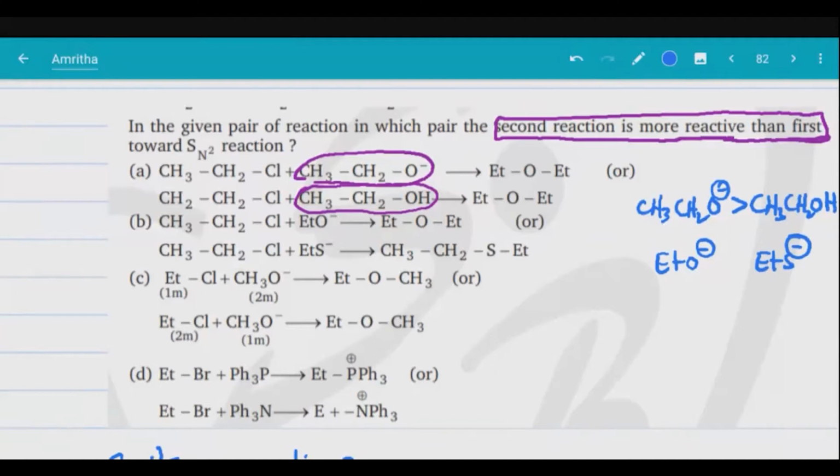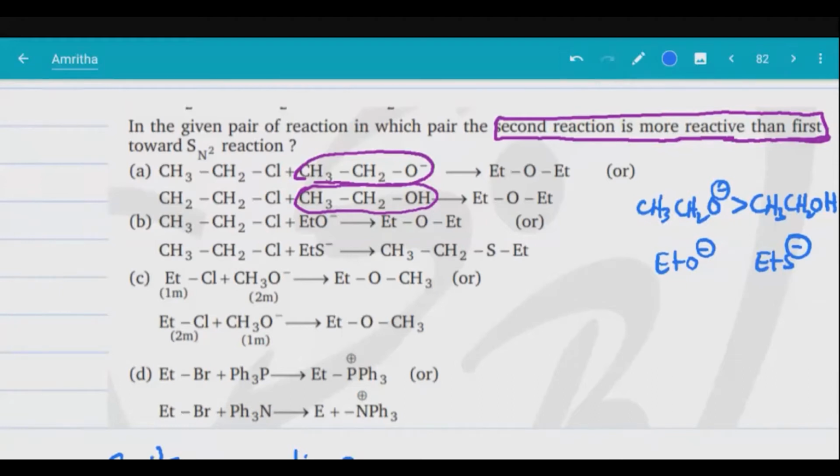Second one, EtO minus and EtS minus. Can you tell me now? Oxygen and sulfur, which gives electrons easily? Nucleophilic means ability to donate electrons, ability to give electrons.